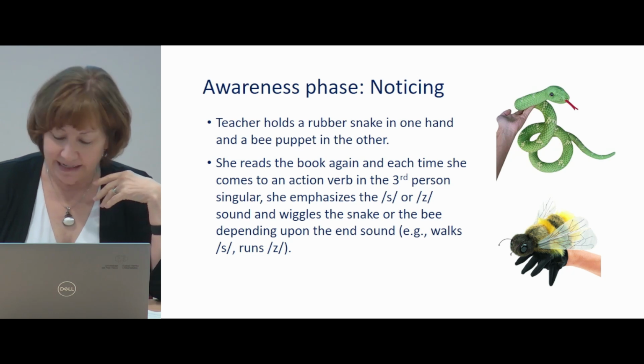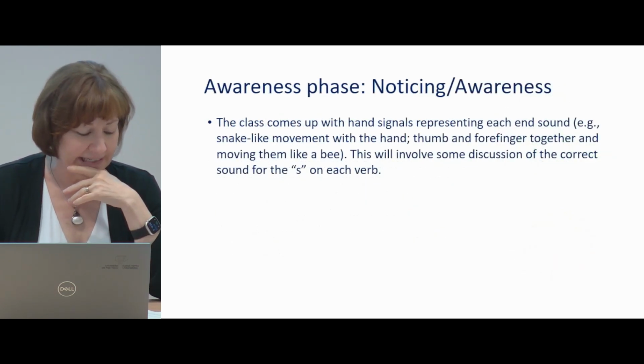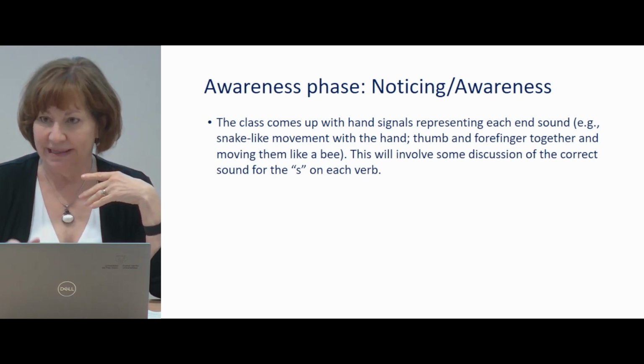And the phase continues with verbal scaffolding while the teacher leads the class in creating hand signals representing each sound. So what the kids ended up coming up with was this movement for snake and this for a bee, okay?